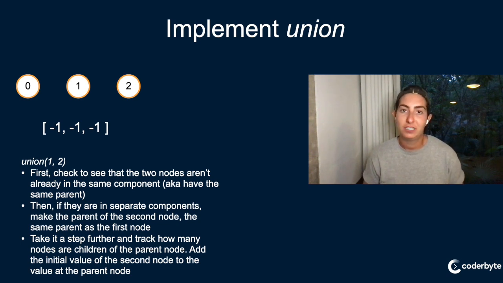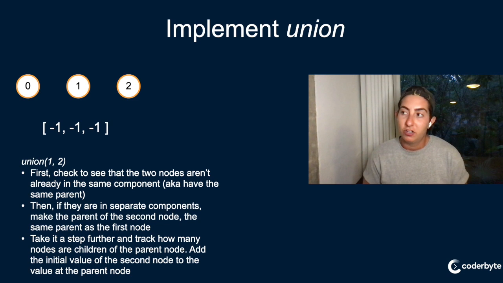Now, what does that mean? What are all those words? All that means is that as far as we've talked thus far, -1 denotes that that node is its own parent. What about the rest of the negative numbers? Why don't we use those too?